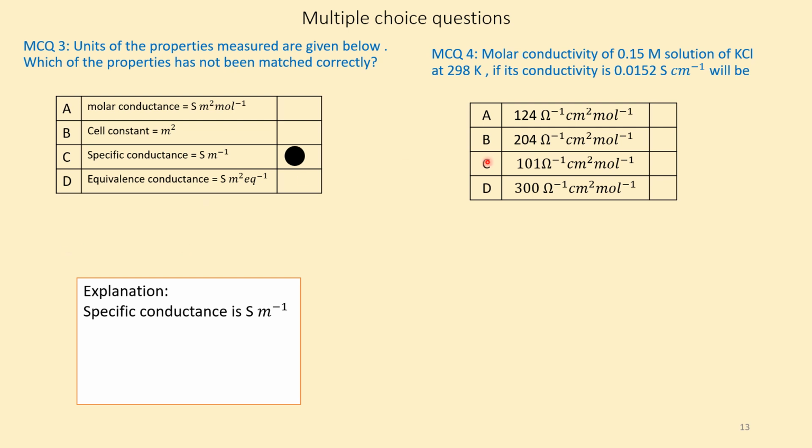Next question. The molar conductivity of 0.15 M solution of KCl at 298 Kelvin, if its conductivity is 0.0152 Siemens per centimeter, will be. Four options are given. So you please go through it. I will read the question once again.